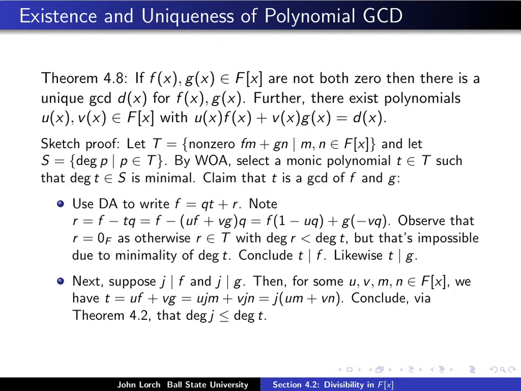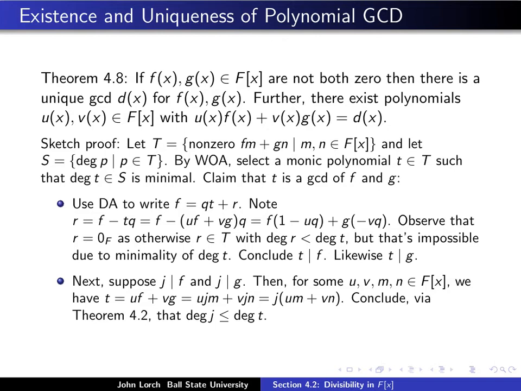And we're now going to let S be the collection of degrees of polynomials that live within this set T. Now, this set S is a collection of whole numbers, and by the well-ordering axiom, we know that S must have a smallest element. And therefore, there's some polynomial, and we can make it a monic polynomial, t in capital T, so that the degree of t is this minimal element of S.